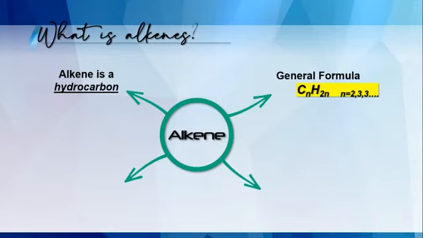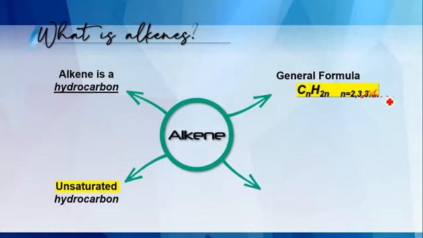But the general formula is different. If alkane is CnH2n+2, the general formula for alkene is CnH2n. So be very careful, and also for alkene, n starts from 2, not from 1. So it's 2, 3, 4, and so on.